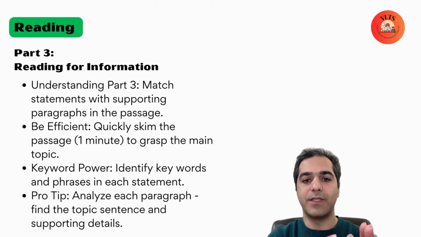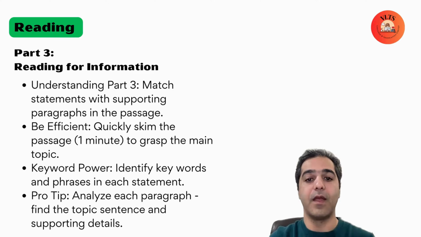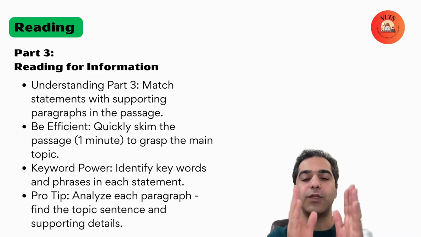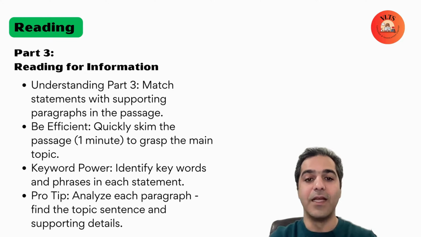This helps you understand the overall context and narrows down your search for finding sentences. Watch out for keywords in each statement on the question side. These are like golden clues. Each statement will have a specific word or phrase that captures its key idea.